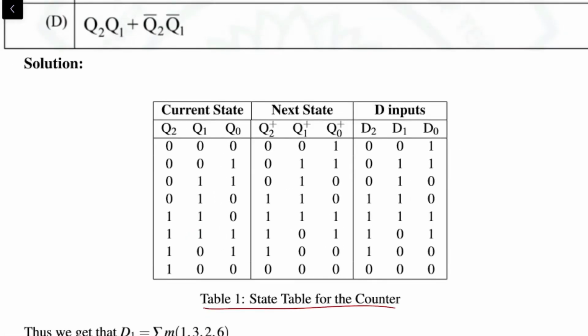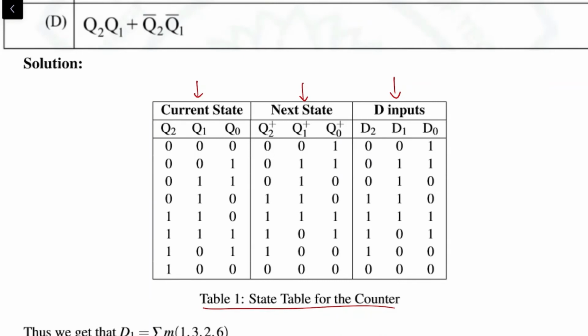We simply build the state table for the counter, which involves the current state, next state, and the D inputs required to obtain the next state. If we were designing with something like a JK flip-flop, we would have to determine the JK flip-flop inputs required to obtain the next state for a given current state. In this case, it's a D flip-flop based design, so it's very simple.